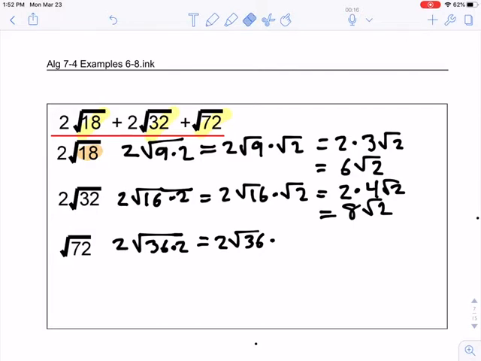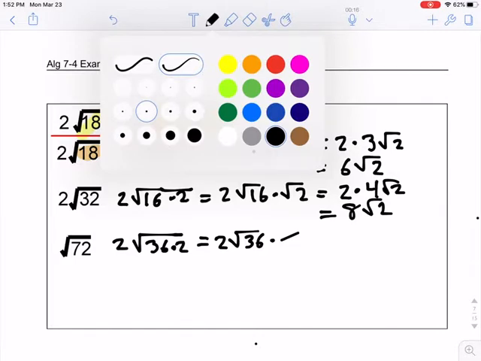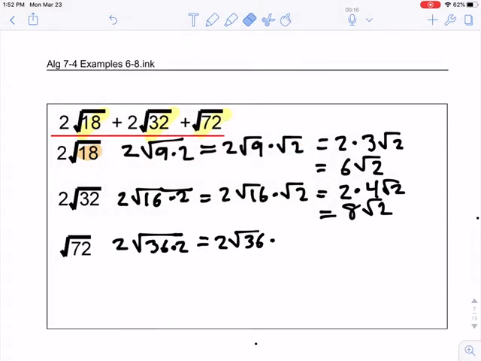Like I said, still getting the hang of everything here. So now that simplifies. You have 2 times 6 times the square root of 2, which gives you 12 times the square root of 2.